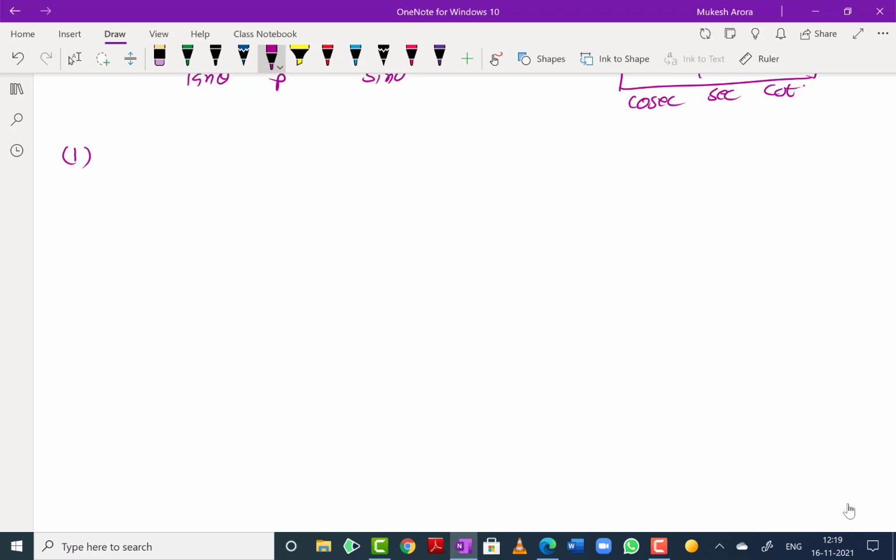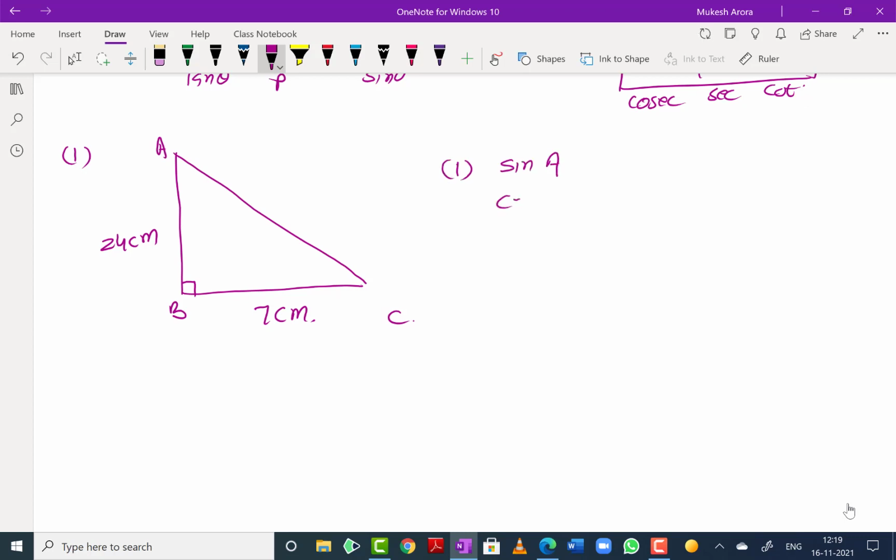The first sum we get is: ABC is right angle at B and AB is 24 centimeter, BC is 7 centimeter, and find sine A, cos A. So before we do anything, we need to find AC, that is hypotenuse is equal to the square root of perpendicular square plus base square.